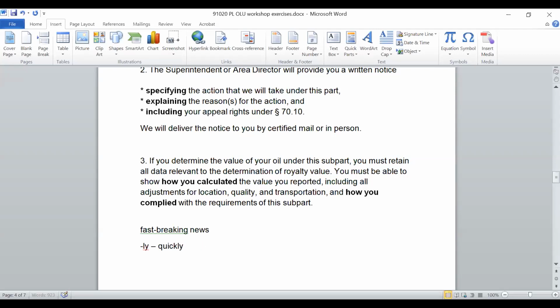If you say quickly breaking news, which is terrible, you would not use the hyphen here that you used up here, because you've got the ly, which indicates that it's an adverb and it's modifying breaking. I'm not sure that that is particularly helpful.